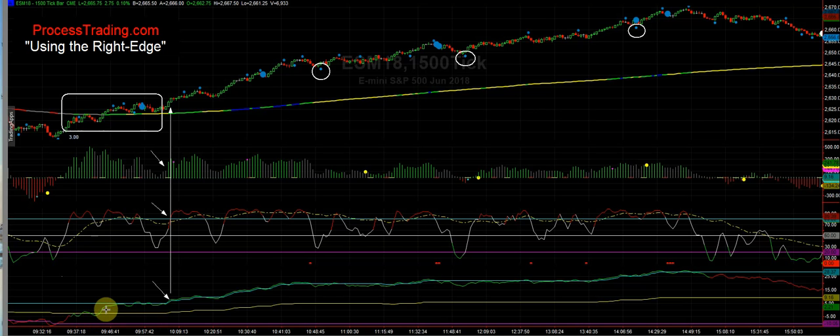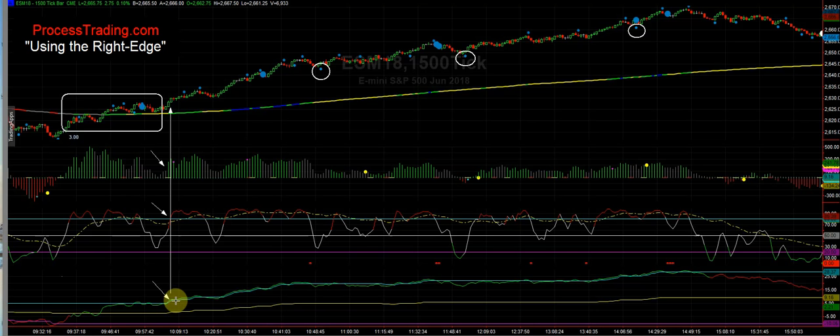But then it did cross the pullback line, which is a stronger sign. And now it is here riding the upper bound of the oscillator. So we know that the trend is gaining strength to the upside.